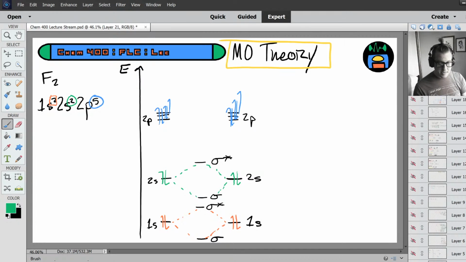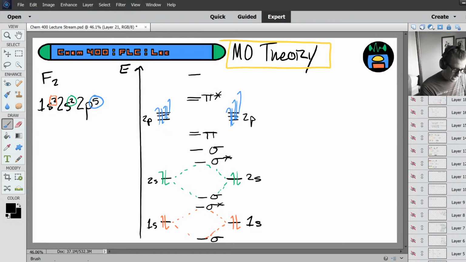And then my p orbitals, as we know, will mix to make sigma, pi, pi star, and sigma star.